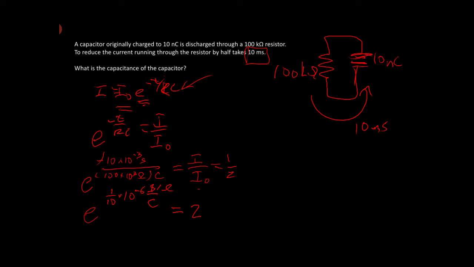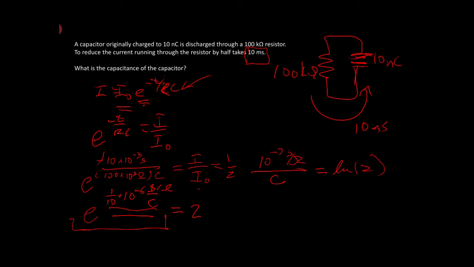Okay, so now I take the logarithm. So the logarithm of something to the e is the exponent. So we have 10 to the minus 7 seconds per ohm over C is equal to the logarithm of 2.